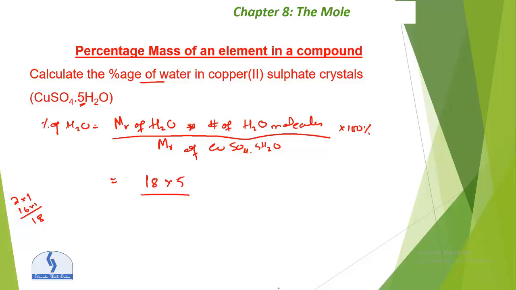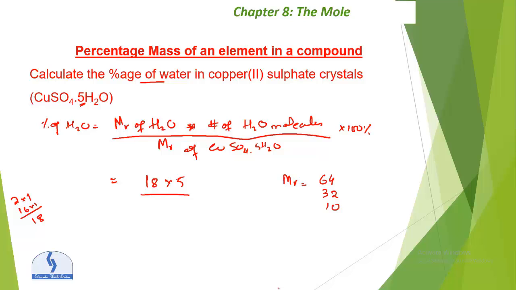Mr of the formula: for copper, the atomic weight is 64. For sulfur, atomic weight is 32. Number of atoms 1. For hydrogen, there are 5 times 2, that is 10 atoms of hydrogen, and atomic weight is 1. So 10 multiplied by 1 will be 10.